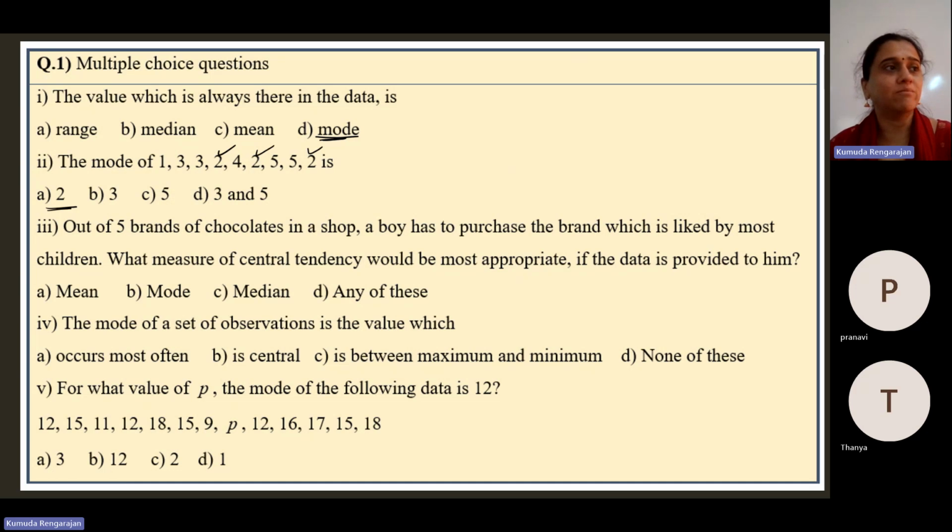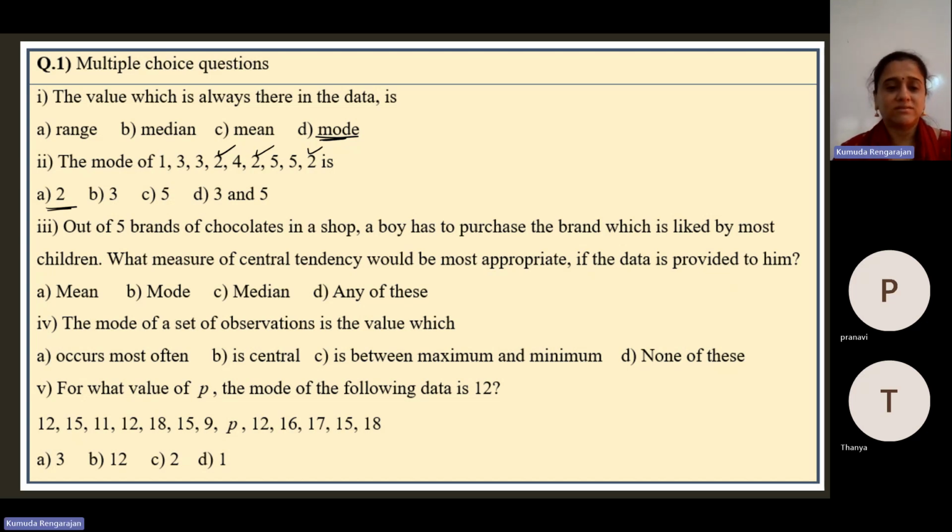Mean, median, and mode are the 3 measures of central tendency, not range. What measure of central tendency would be most appropriate if the data is provided to him? Mode, correct. Because liked by most children, that means mode.